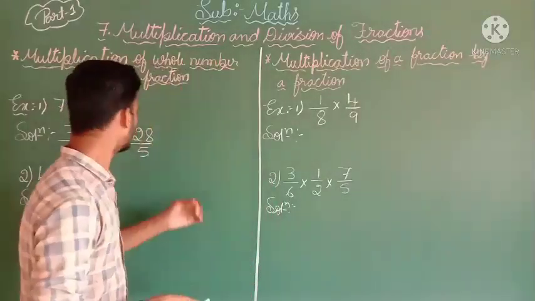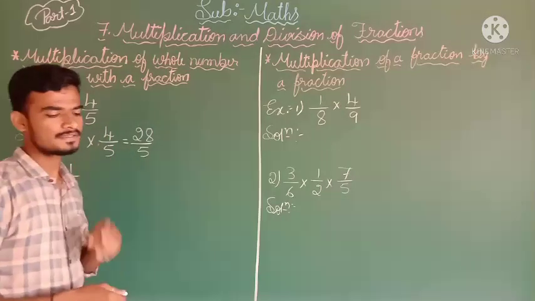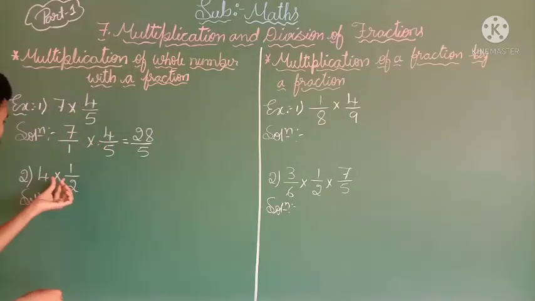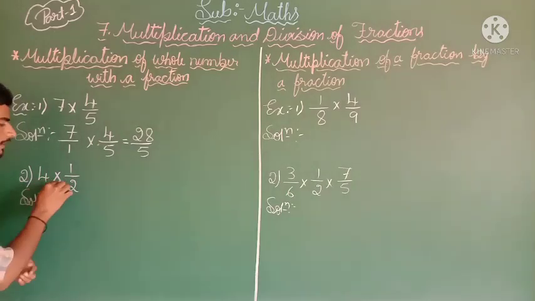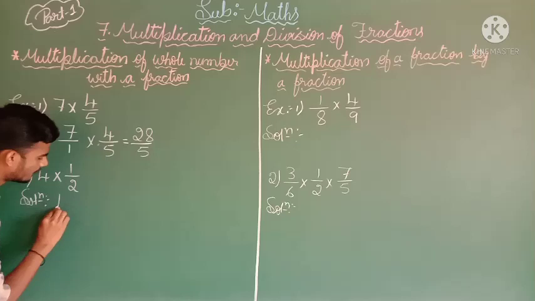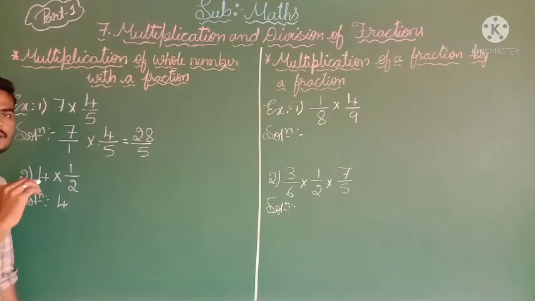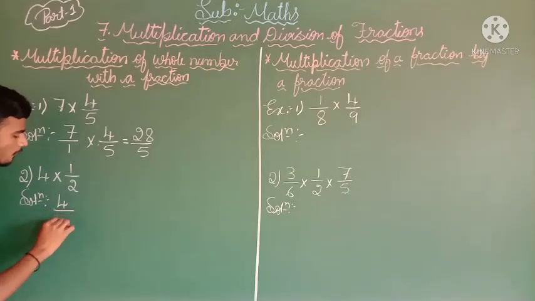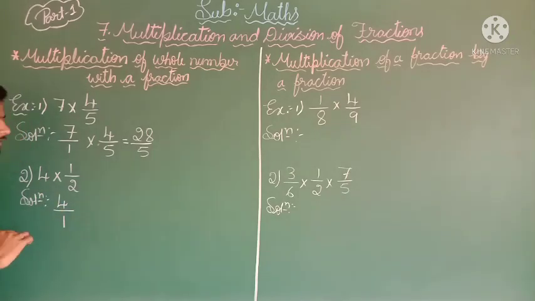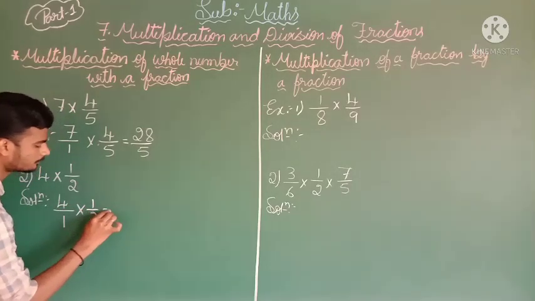Here is one more example, following the same way as the first one: 4 into 1 by 2. 4 is a whole number, 1 by 2 is a fractional number. Again, if a whole number arises, we first make it a fractional number, that is 4 by 1, into 1 by 2.